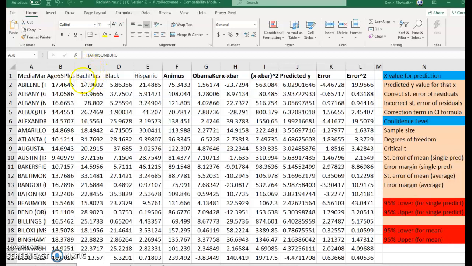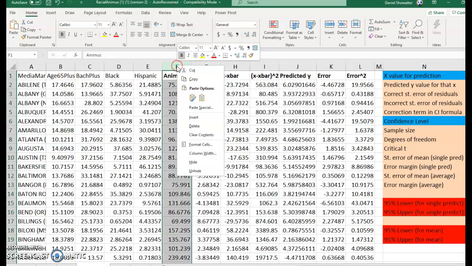So we're now getting the variance inflation factor for Bachelor Plus. Essentially, we're going to run a multiple regression with Bachelor Plus as the outcome and the other three predictors as the predictors for this new multiple regression.